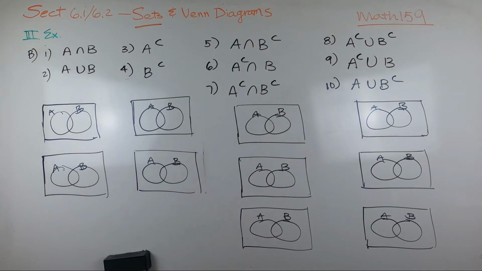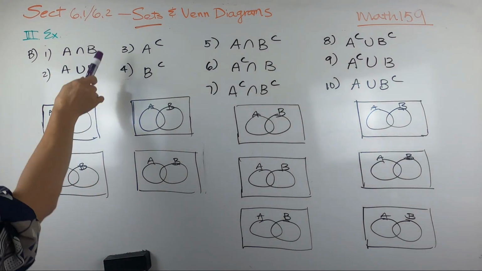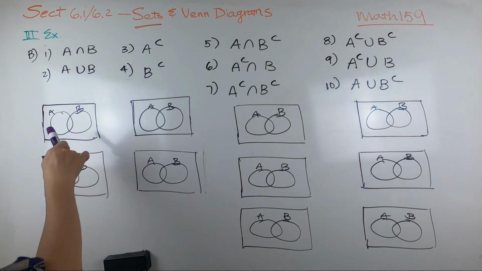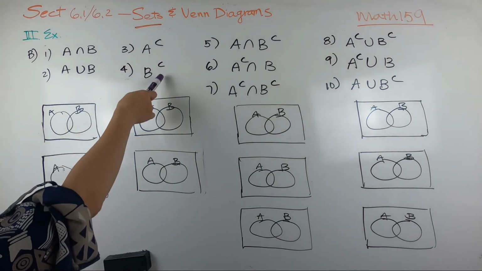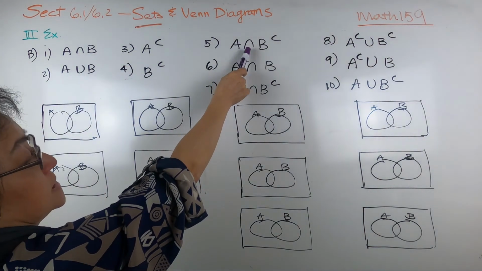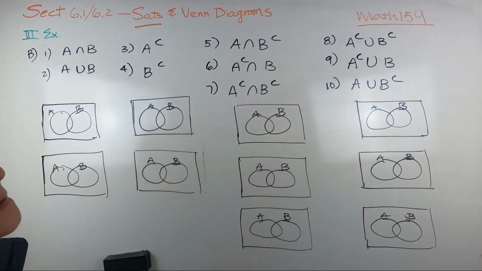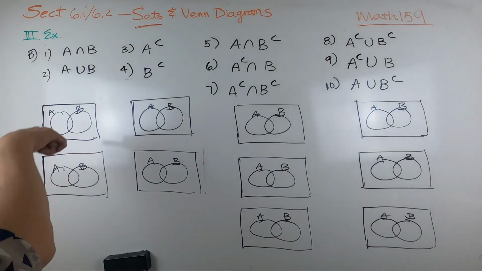Okay, let's look at the next example for Venn diagrams. We have 2 sets, A and B. A is the first circle, B is the second circle. Then we show the operations for the complement and the intersection. Where are they in the picture?